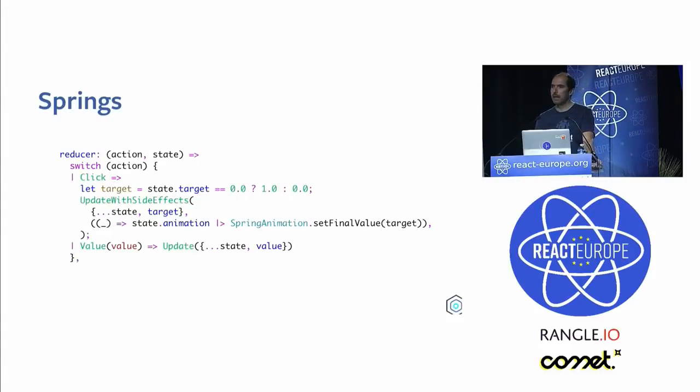In the case of the click action, there are 2 things that happen. So one, I switch between 0 and 1. And then I have, referring to what I was talking about before, an update with side effects. So there are 2 things that happen here. There is a state update that is not allowed to perform side effects. The only thing it does is to update the state in the future with a new target. And separately, there is the side effect.